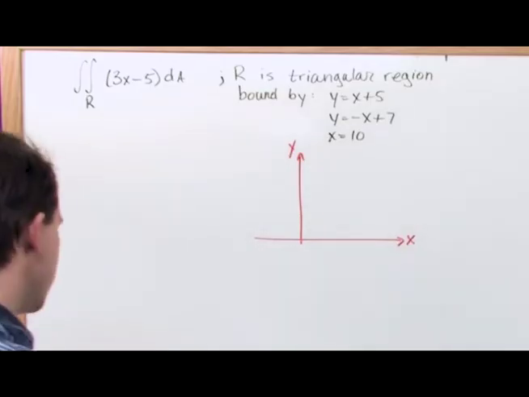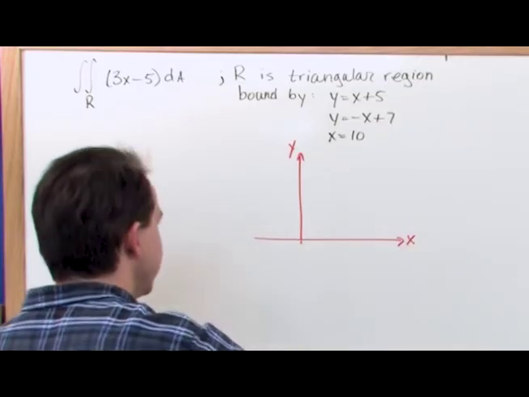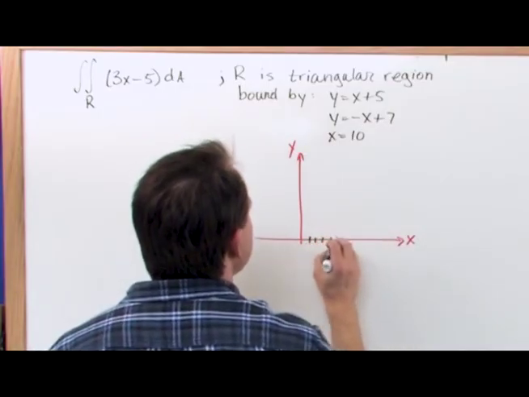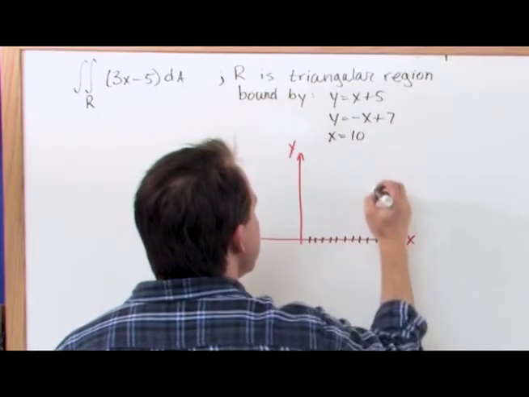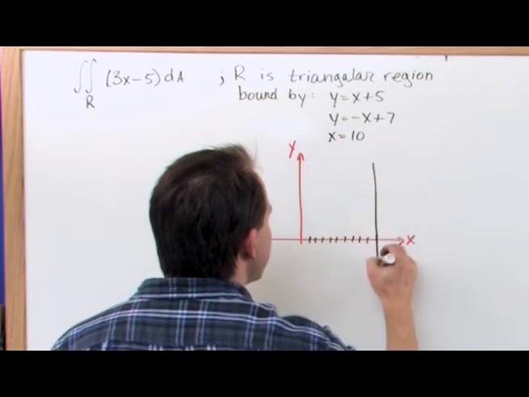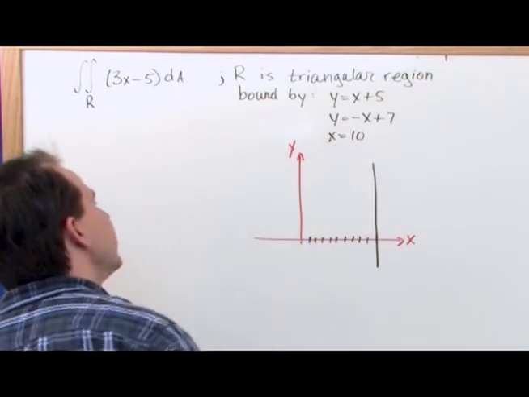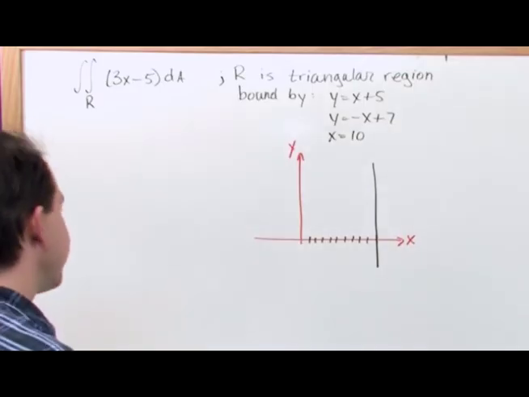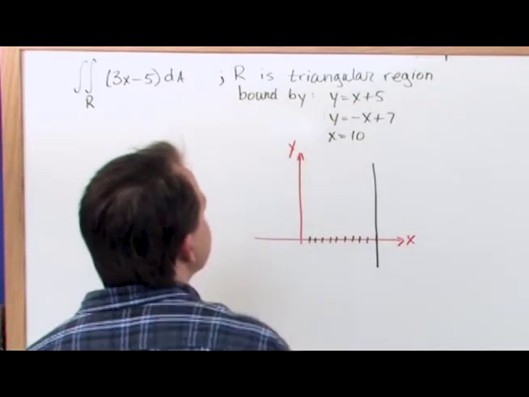Now we know already that x is equal to 10. 1, 2, 3, 4, 5, 6, 7, 8, 9, 10. This is a vertical line down. X is equal to 10. This is one of the boundaries. I've got two lines that I have to draw. So let's first draw x plus 5.